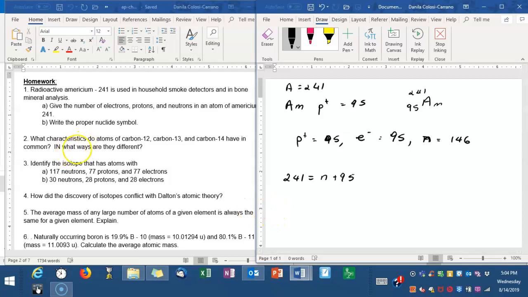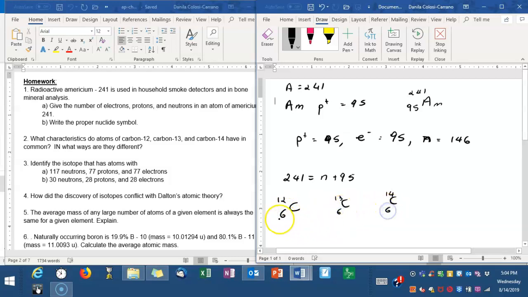Then number 2: what characteristics do atoms of carbon 12, 13, and 14 have in common, and in what way are they different? Well, if they are carbons, you have a 12, a 13, and a 14, but all of them have to have the same number of protons, which for carbon has to be 6.